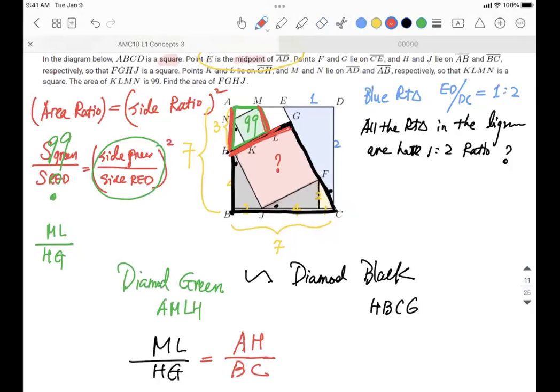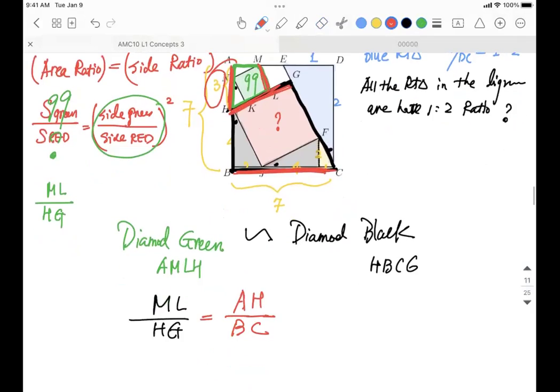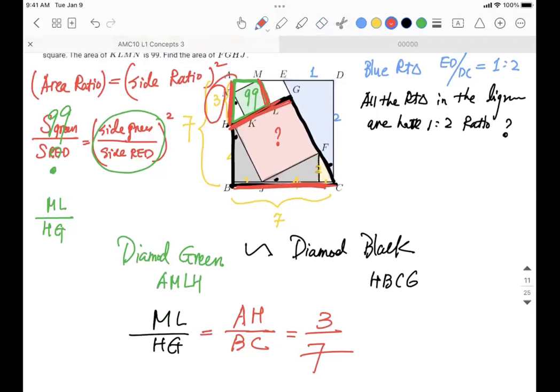AH over BC, right? Because they are corresponding sides of two similar shapes, the corresponding sides will be proportional. AH, what? You just calculated 3. BC is the side length of the big square. This is 3 over 7. AH over BC equals 3 over 7, aka ML over HG is 3 over 7.